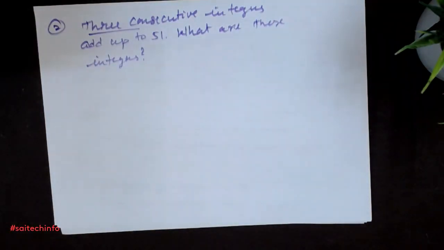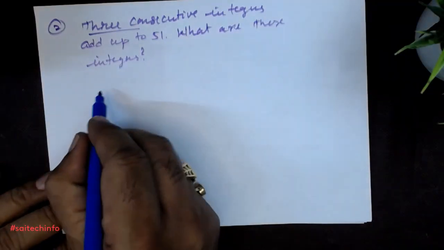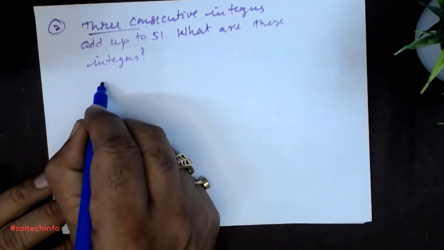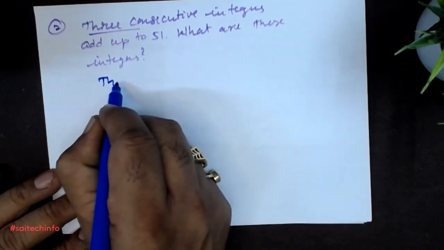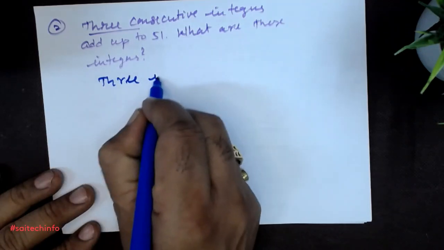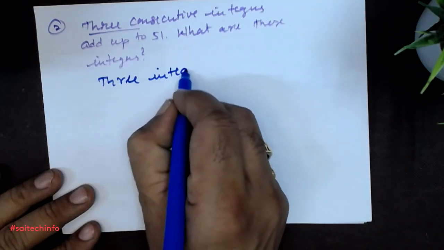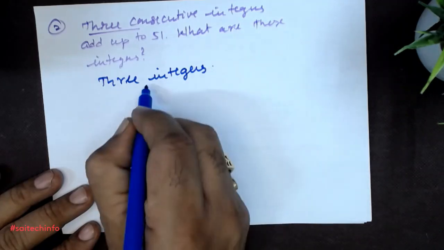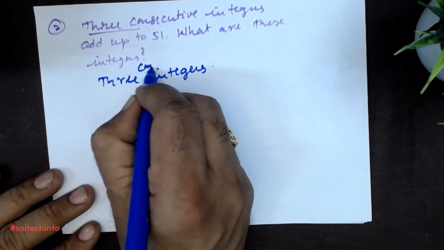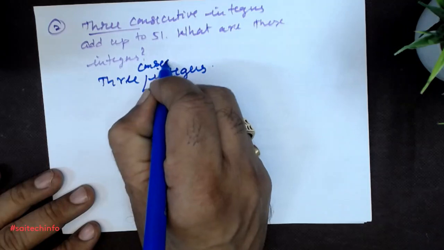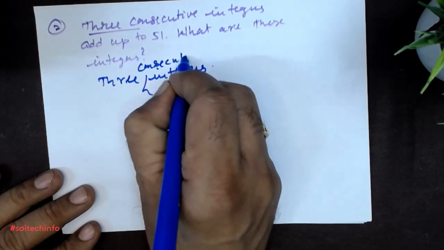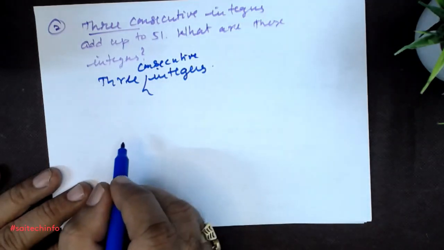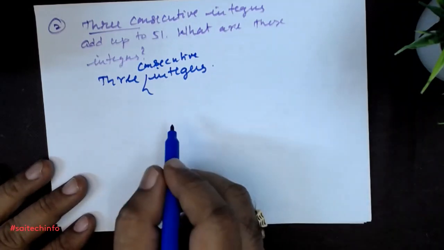One of the integers can be taken as x. So there are 3 integers. And how they are? Consecutive integers. Consecutive integers means next after the next.